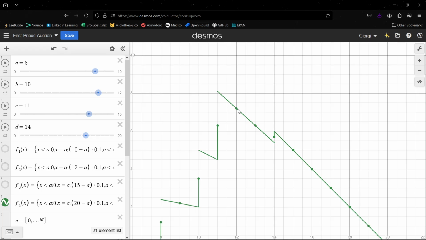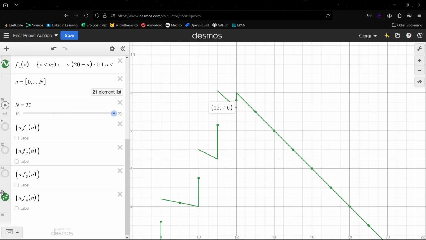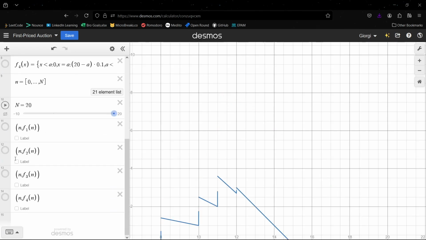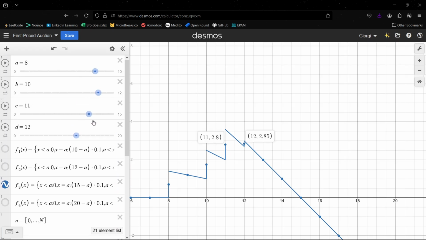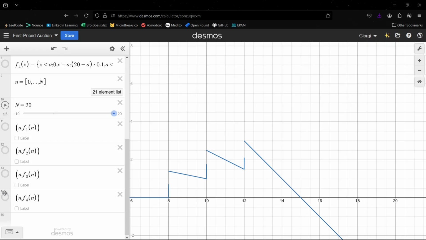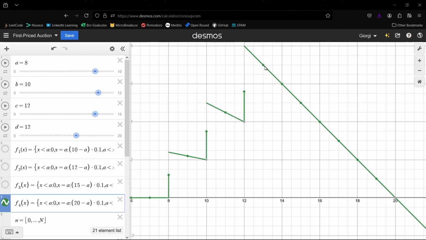No, D14 doesn't work because 12 is obviously dominating. So D12 works, but now this may have messed up this player again. Yep, it messed him up. Oh, C12 now works, but this probably messed up the fourth guy. Yep, it messed him up.